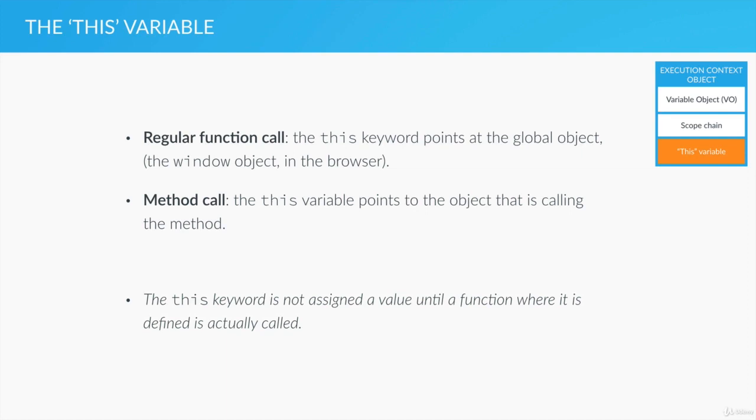But armed with all the knowledge that you have gained in this section so far, this makes total sense, right? And that's because we know that the this keyword is attached to an execution context, which is only created as soon as a function is invoked, which also means called. So invoked and called are the same thing. Alright, so let's now check out some practical examples of this in the next lecture.